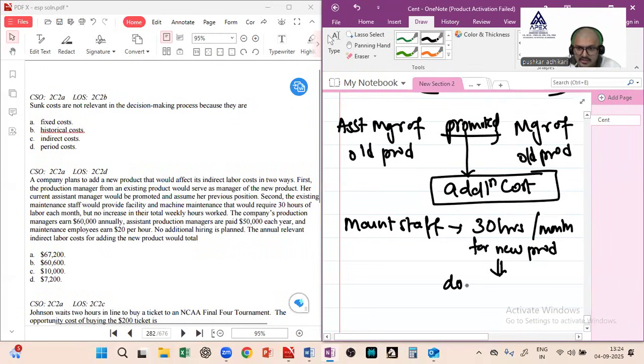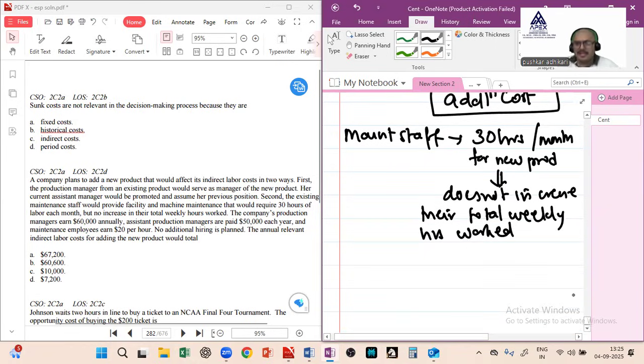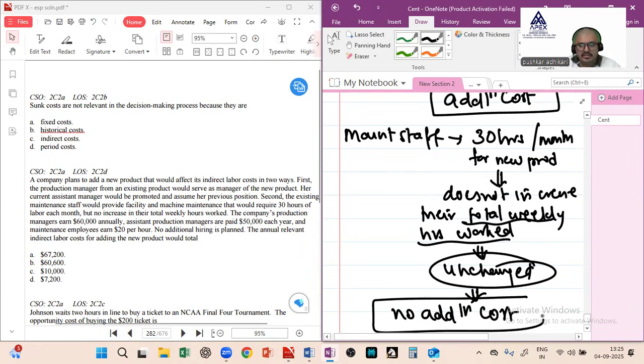But this does not increase their total weekly hours worked. Whatever their total weekly hours were is unchanged. If it is unchanged, there is going to be no additional cost. I hope you are able to understand this.